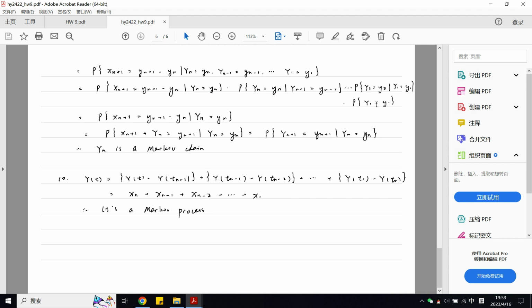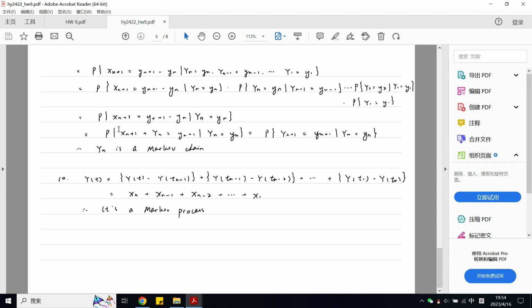So based on the Bayes rule, after simplifying, we can get that it equals the probability that xn+1 equals yn+1 minus yn given yn equals yn.